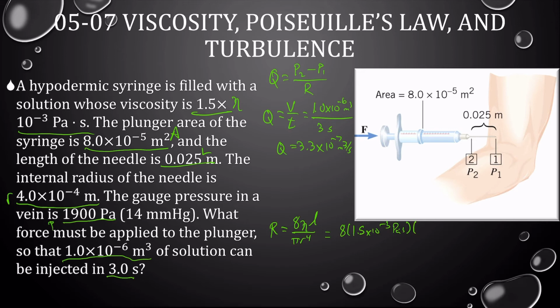The length, it said, was 0.025 meters, divided by pi, and the radius, it says, is 4.0 times 10 to the negative 4 meters, and that's to the 4th. Put that in a calculator, and our resistance is 3.730 times 10 to the 9th Pascal seconds per meter cubed.